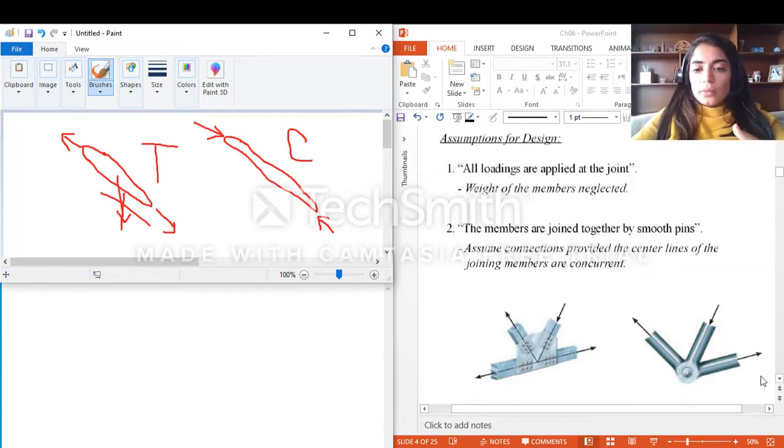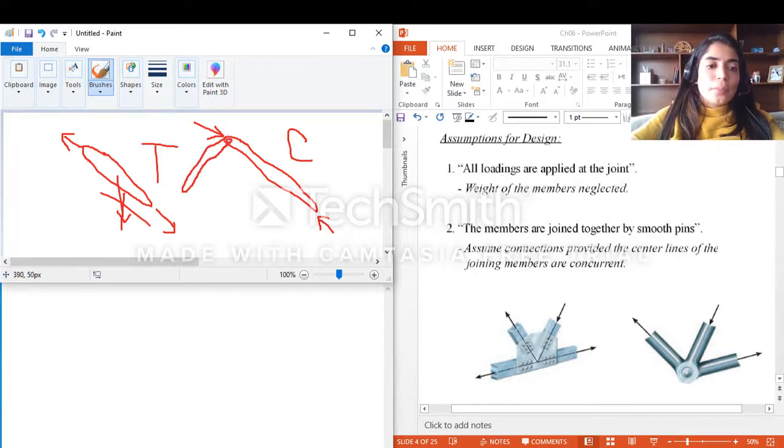And the second assumption is that the members are joined together by smooth pins, and this is basically in order to assume that the forces are concurrent. If I have two members here, this was, let's say, the second member.